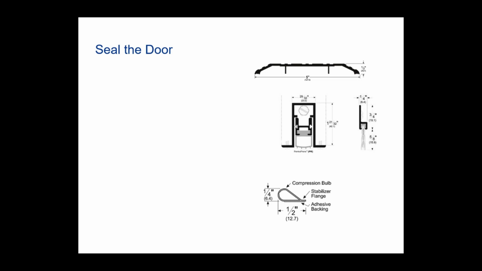You want to be able to keep weather, wind, debris, animals, and pests out of your opening, and you have to be able to do that somehow. And the way that we do it is by using kick plates, or thresholds, and automatic door bottoms, surface door bottoms, gasketing, whether it be surface applied, such as your bubble gasketing at the bottom, or screw applied.